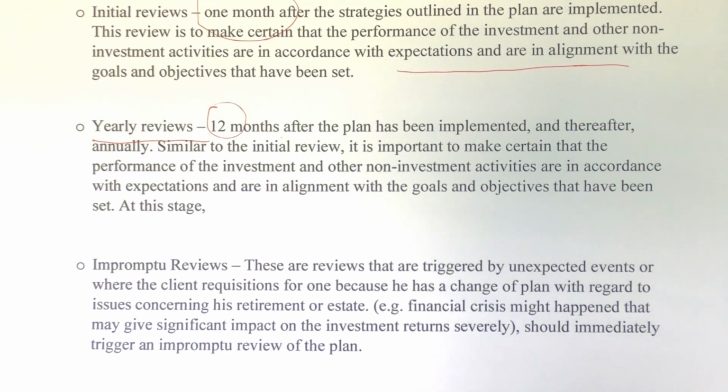The financial planner must review the financial planning report again and again to make sure that the performance of the investment is as expected, or in case something new happens, or in case there is a possible new instrument in the market that they want to suggest. So during this review, all of these changes can be made.